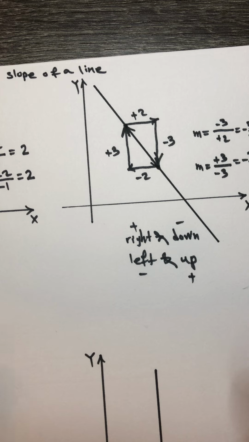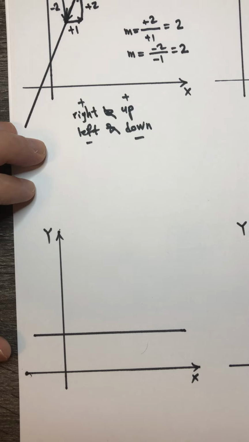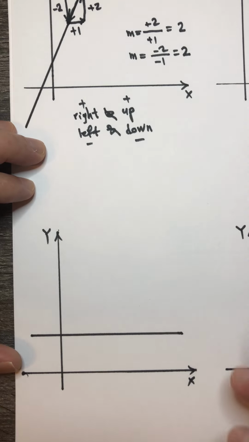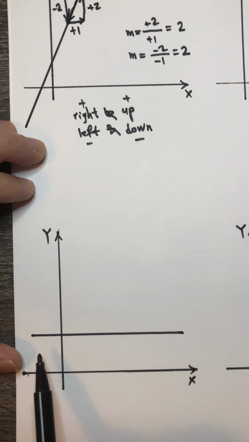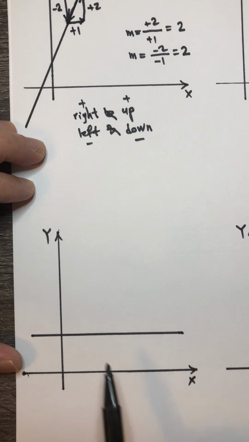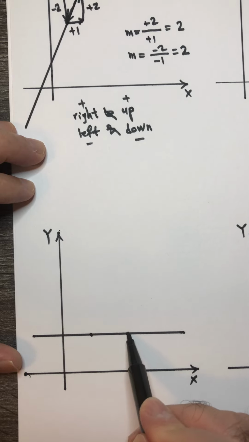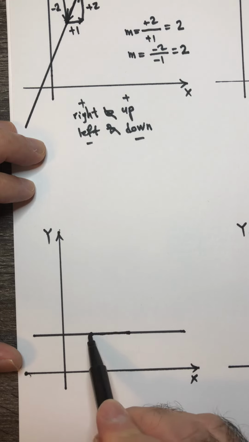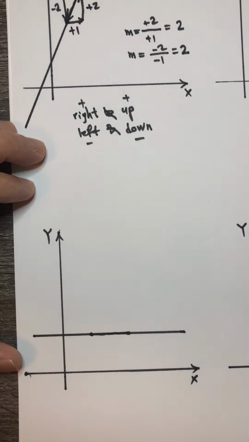Other than positive slope and negative slope, we have two special cases as well. In this example, the line is parallel to the x-axis. In this case, when we move from any point to any point, we don't move in the y direction.